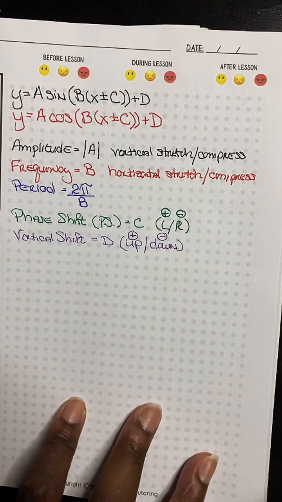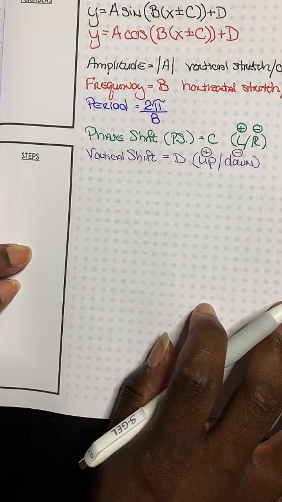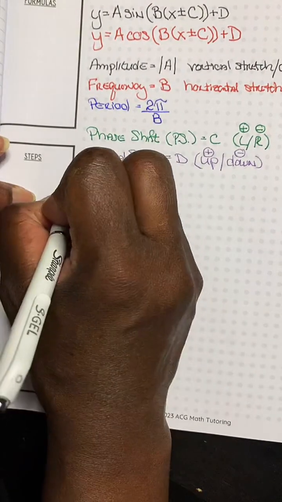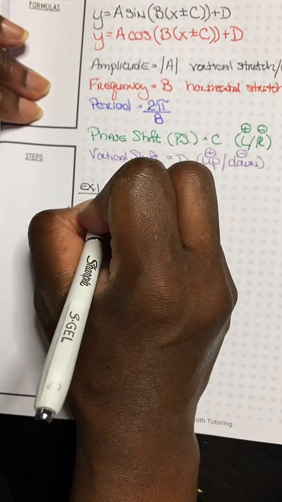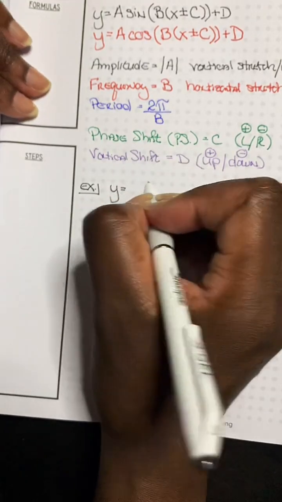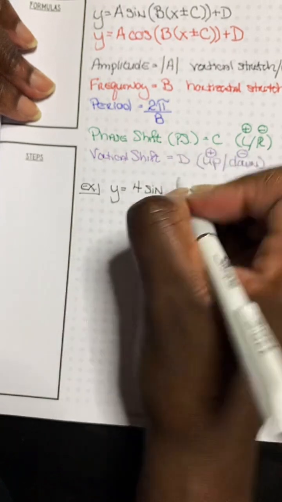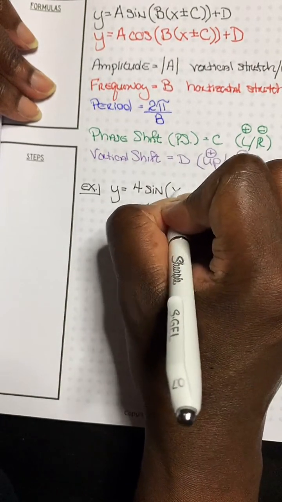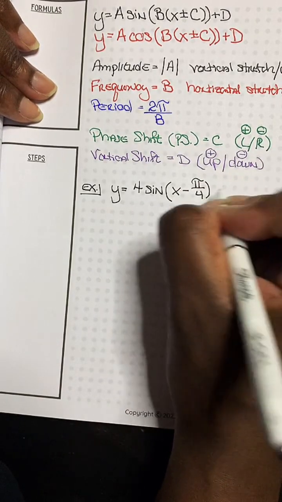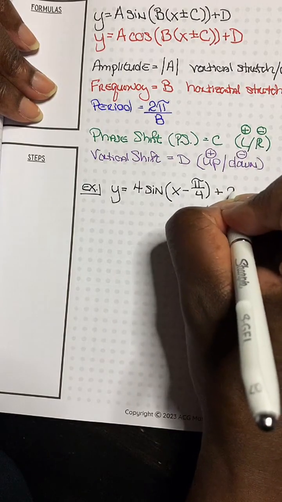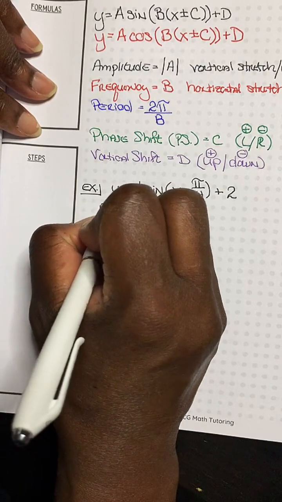All right, let's put this together. So if we have, let me just keep it with y equals, so it won't be too technical, 4 sine of (x minus pi over 4) plus 2. So we can pull some information out.